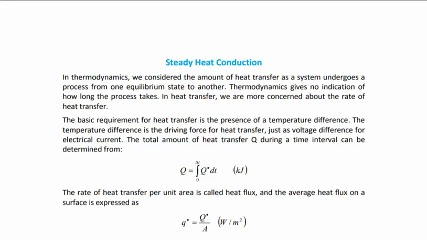The average heat flux on a surface is expressed by small q star is equal to capital Q star by area. This is also known as the specific heat flux, and its unit is watt per meter square.